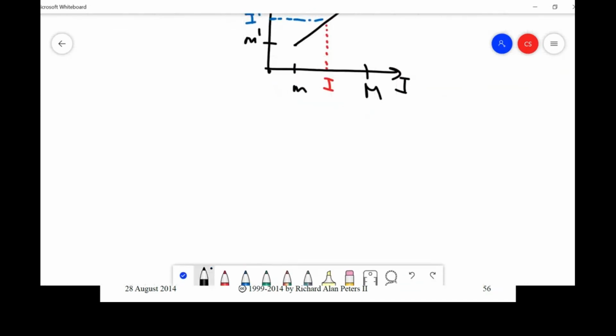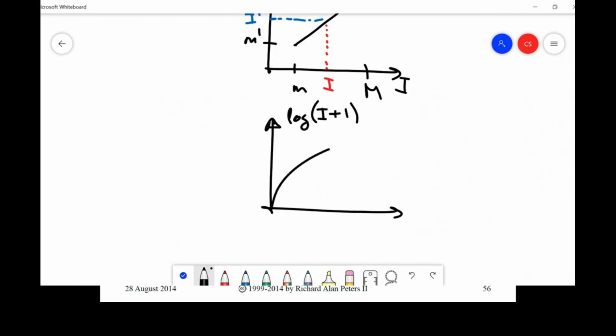It was logarithm of I plus 1. So it is this function. And again, if you give me I prime, I can compute I. So again, I'm not losing information in the real world.